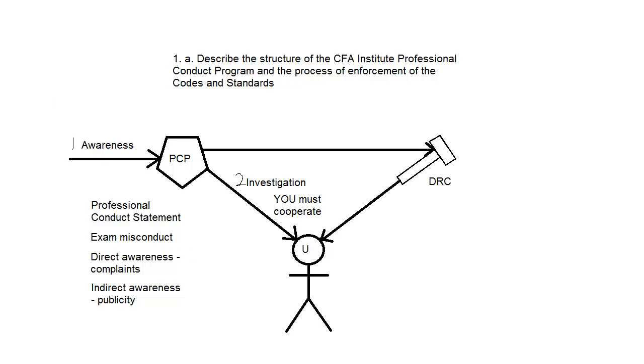Let's just recap this. The designated officer is basically the police chief of the PCP. They have staff working under them who conduct the investigation and present their findings and recommendations to the designated officer.